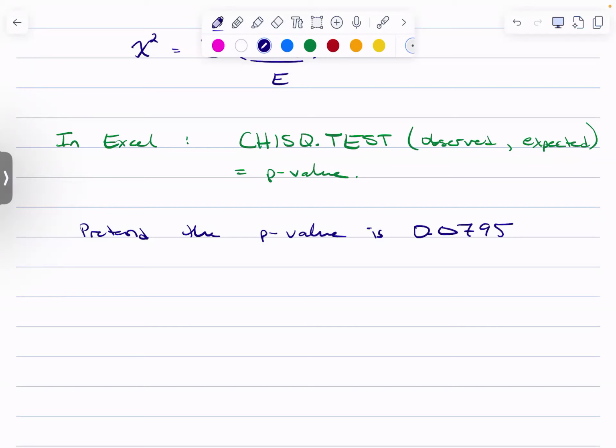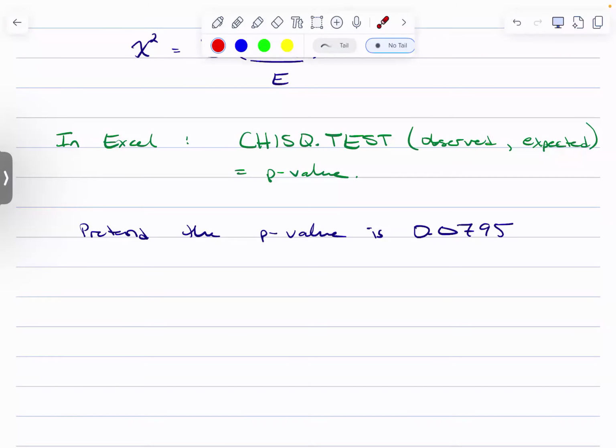But then I'll find the actual p-value, but I'll post the conclusion for this assumed p-value, right? So you can check your conclusion, right? Practice your conclusion, and then I'll do the actual conclusion as well.